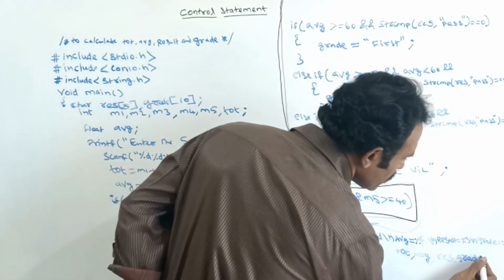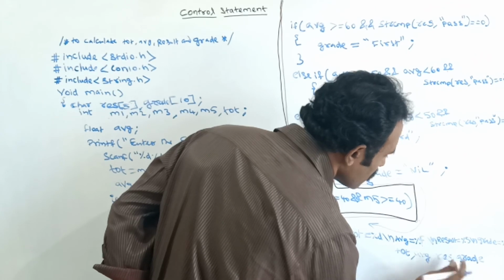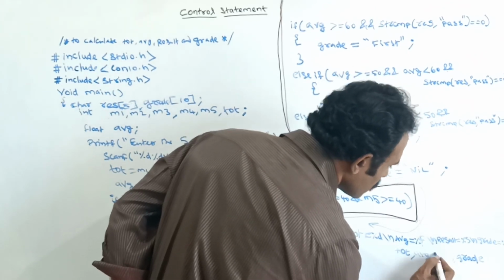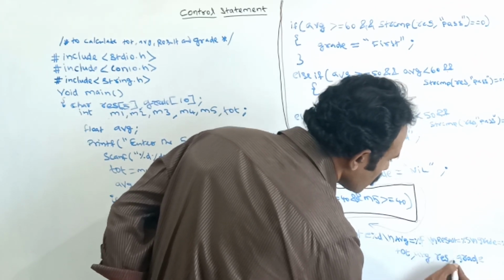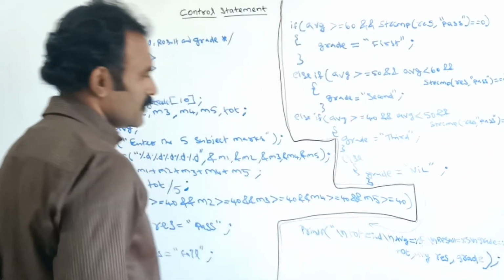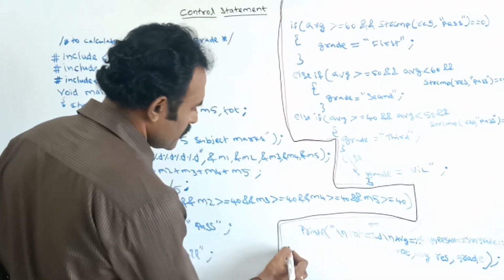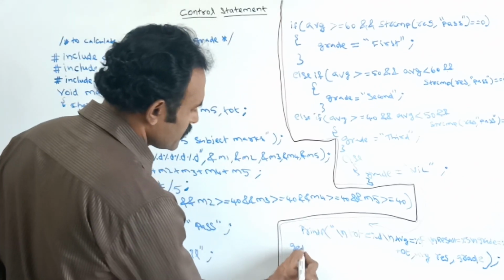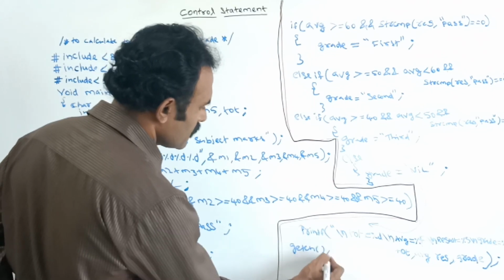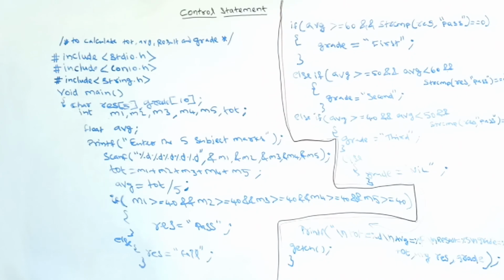GRADE. Then at last semicolon. I have completed the semicolon. Here close the main brace, getch, and I have closed the main brace.